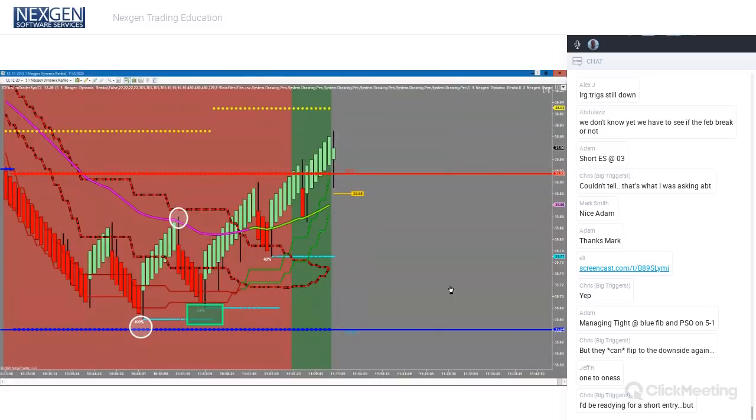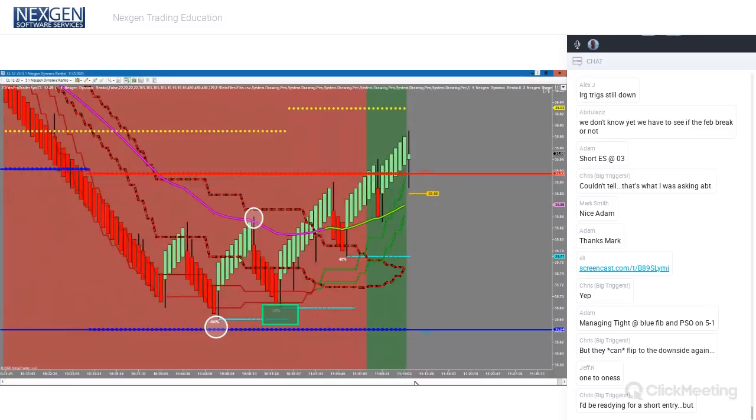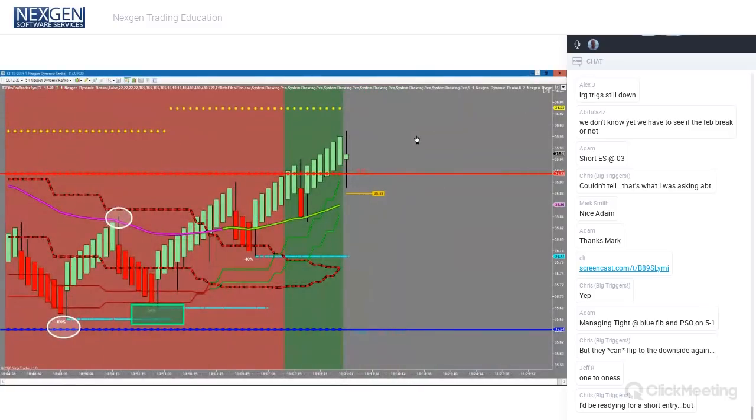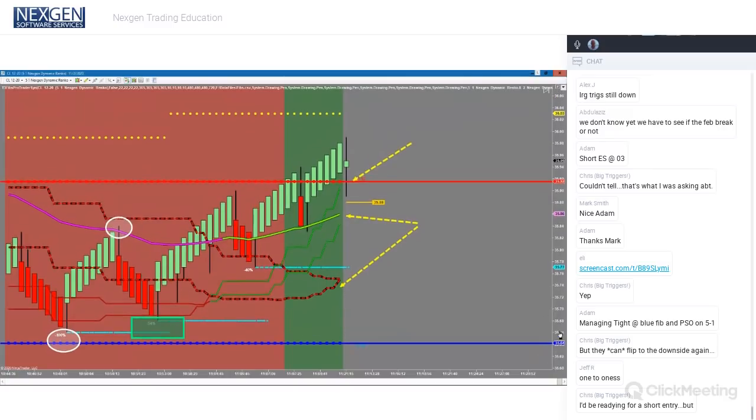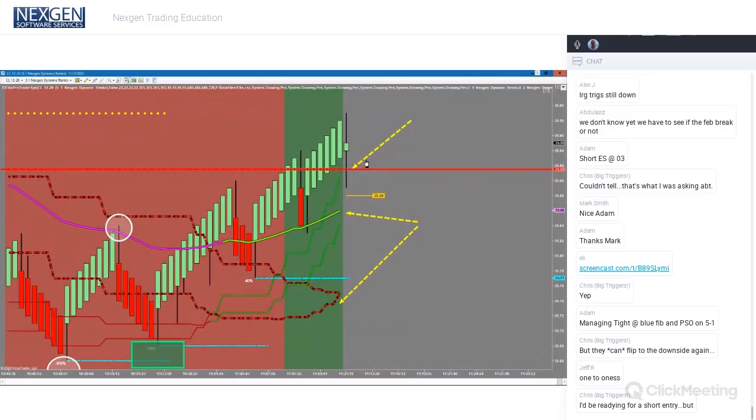Now, you'd be ready for a short, right? Now, give me your next read on this fib and these triggers. So the large chart says it could still go down. What does this fib say with these triggers?